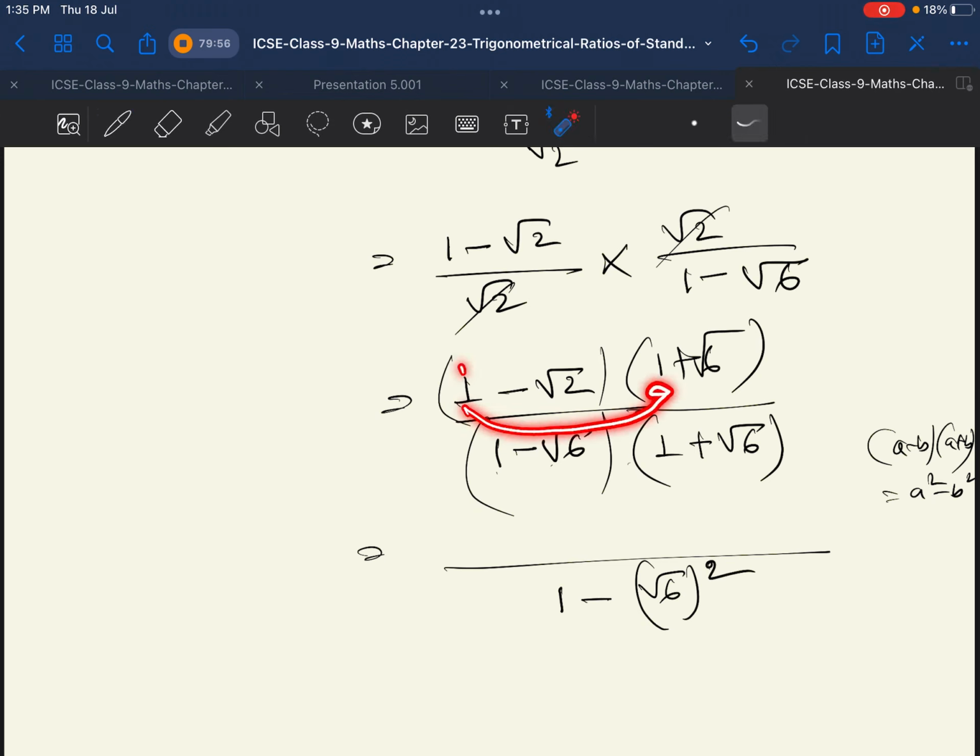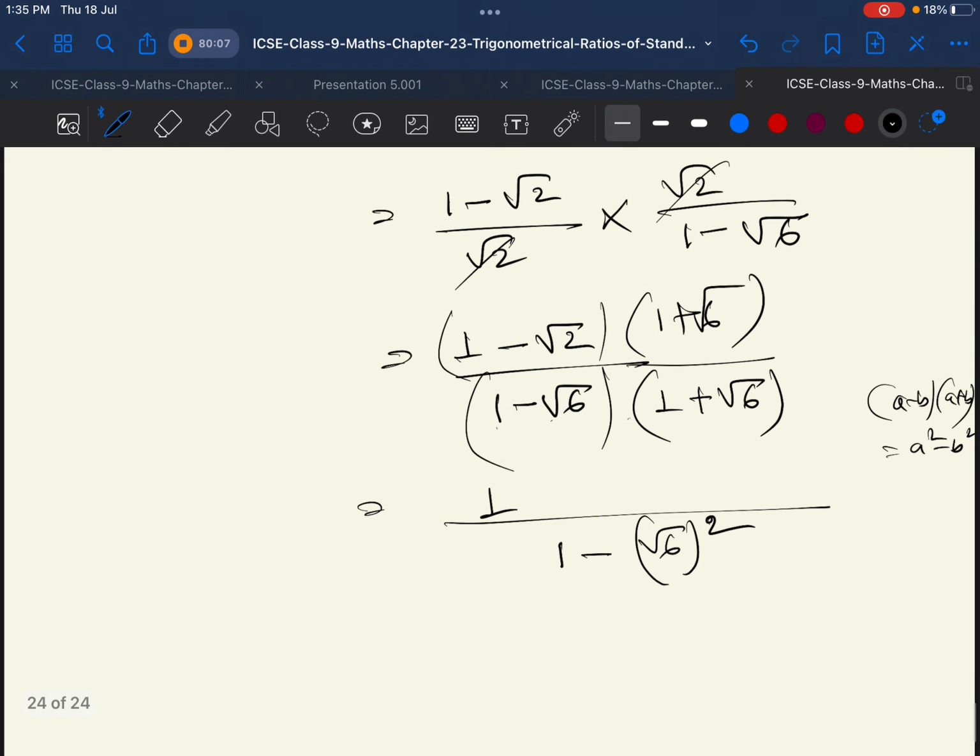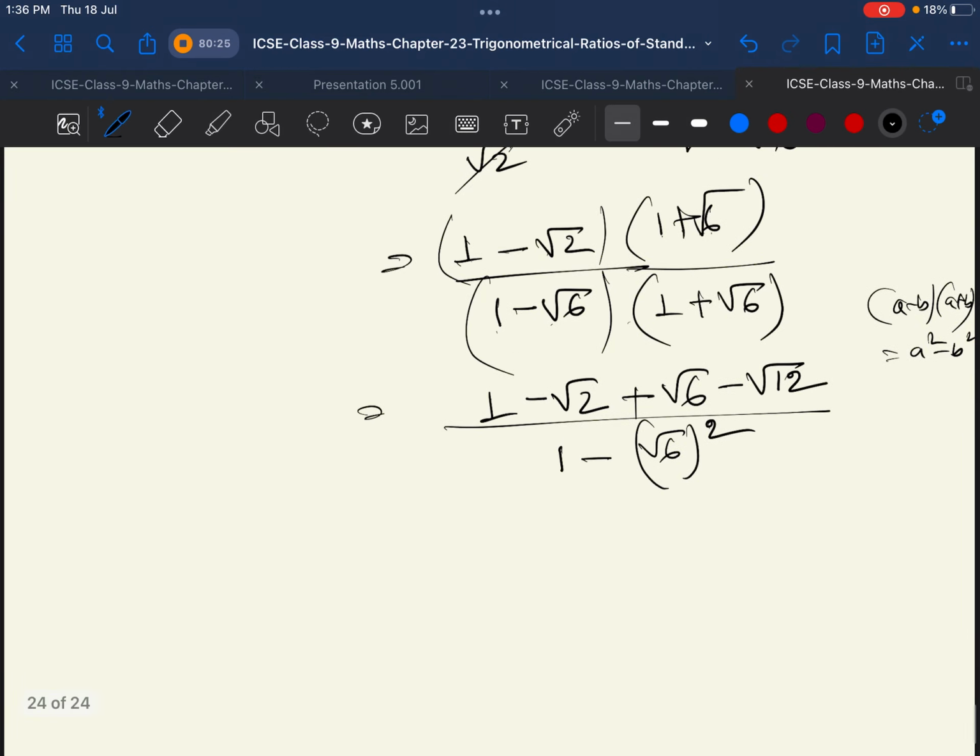And this term will be: first we multiply 1 into 1, 1, then root 2 into 1, plus minus root 2, root 6 into 1, this is root 6, and root 6 into root 2, plus minus minus root 12.